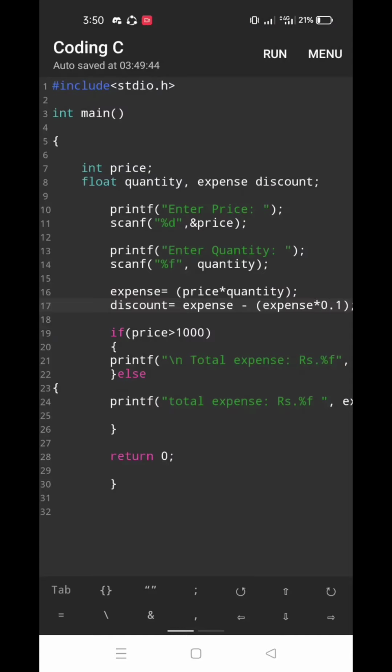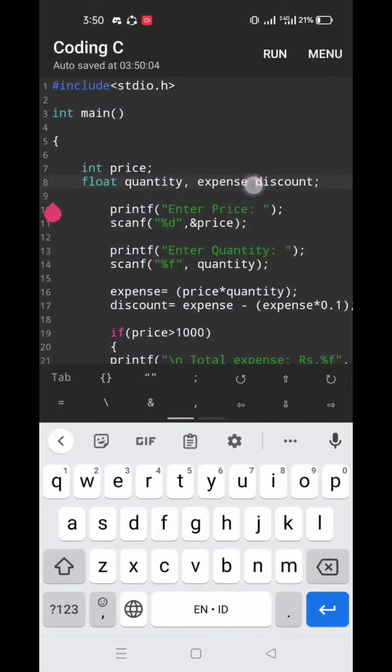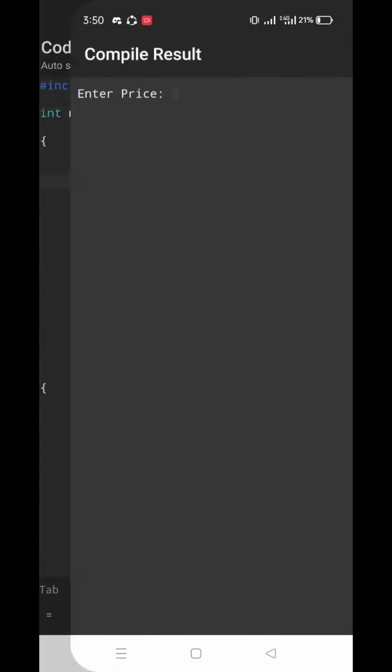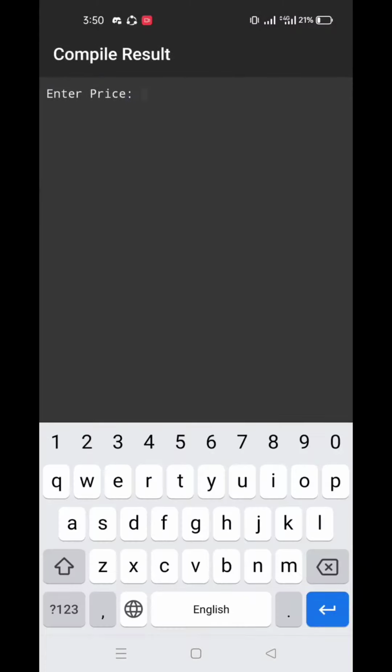And we forgot to put a comma here. Let's try. That is it.